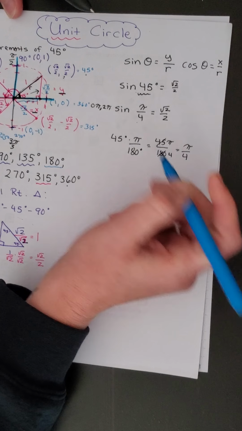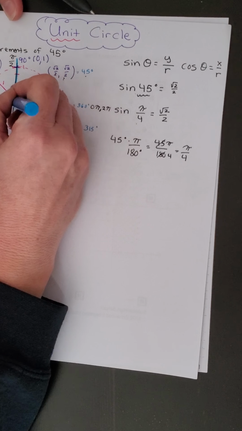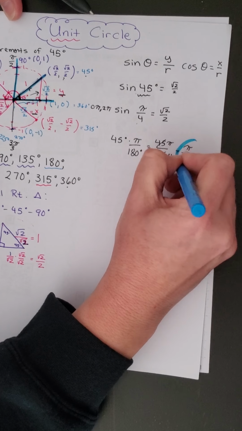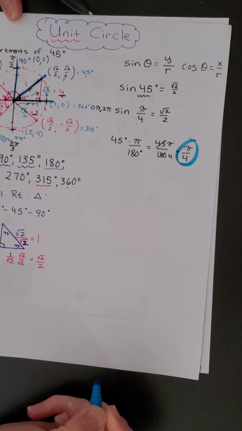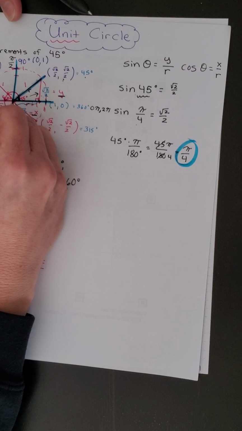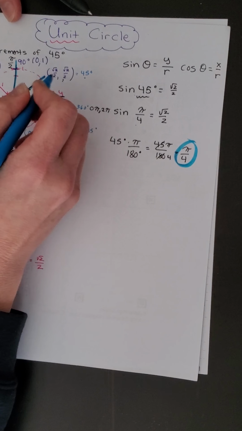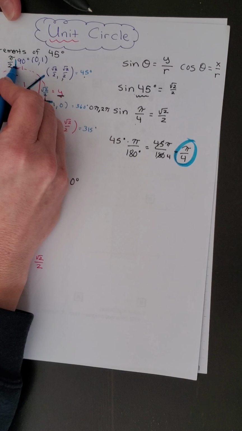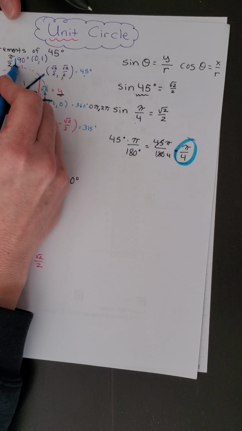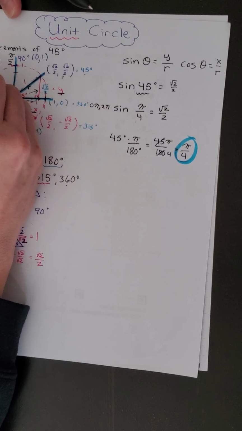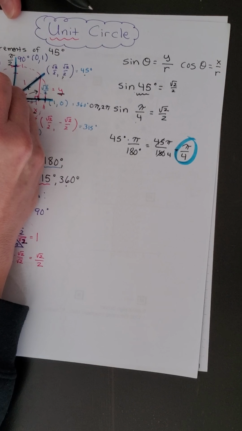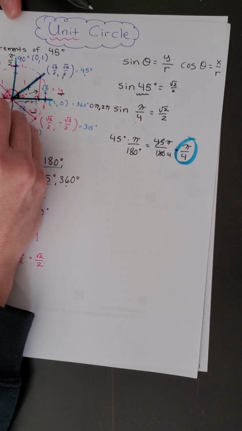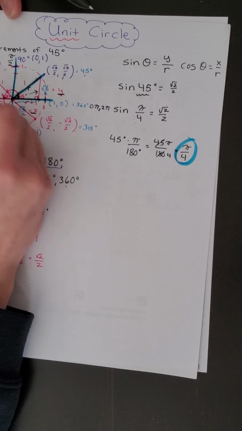Well, what's right in between 0 and 1/2? 1/4. And so what you're really doing is counting by 1/4. So 0/4, 1/4, 2/4. Well, 2/4 and 1/2 is the same. This would be 3/4 pi, or 3 pi over 4. And then 4/4, which is 1 pi.